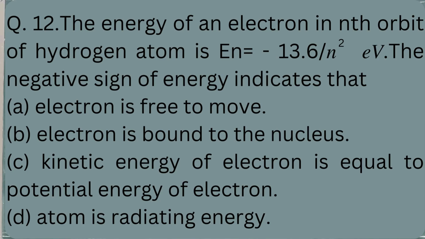12th, the energy of an electron in the nth orbit of a hydrogen atom is En equals minus 13.6 upon n square electron volt.